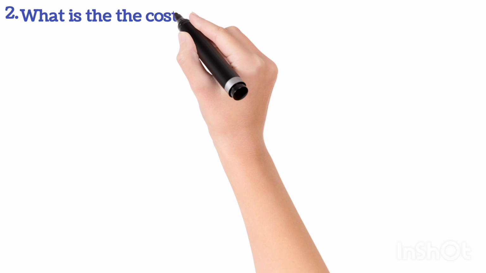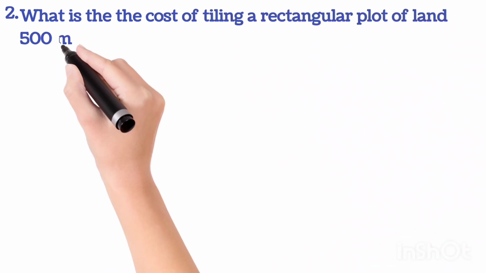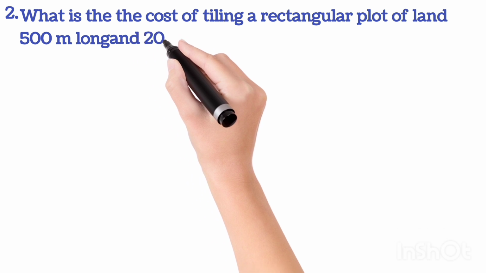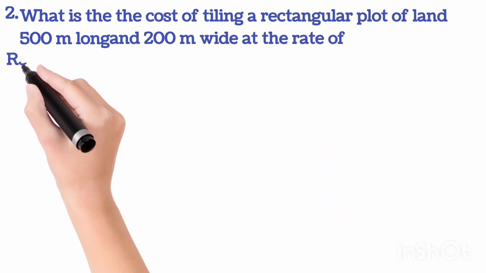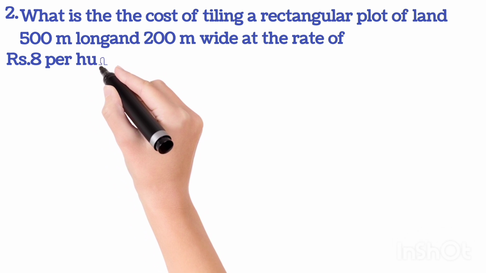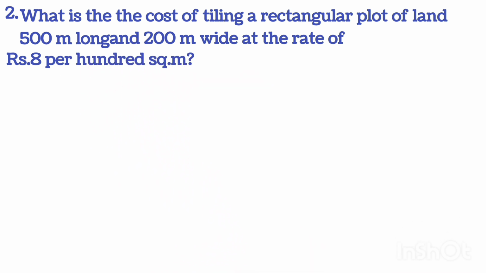That is question number 2. Question number 2 is telling: what is the cost of tiling a rectangular plot of land 500 meter long and 200 meter wide at the rate of rupees 8 per 100 square meter, children. This is very important.